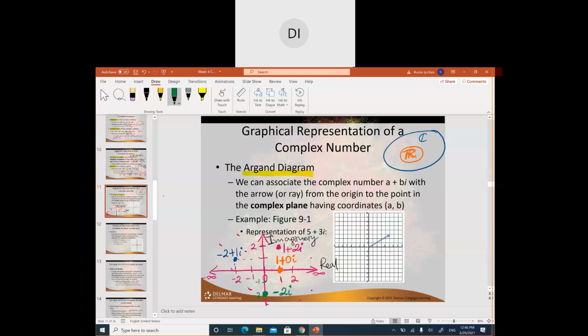You can just put an invisible 0 minus 2i. So does everybody understand how complex numbers are represented? They're like two-dimensional numbers, represented with a real axis and an imaginary axis, and any point on the plane can be represented with a complex number. Now, let me ask you a question. Do you guys think that they are three-dimensional numbers?